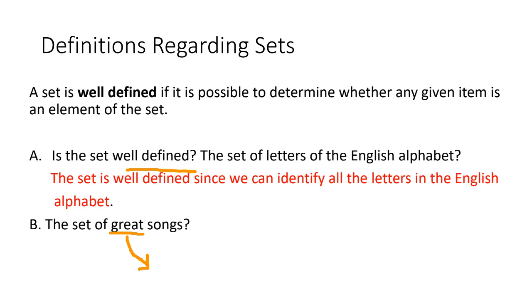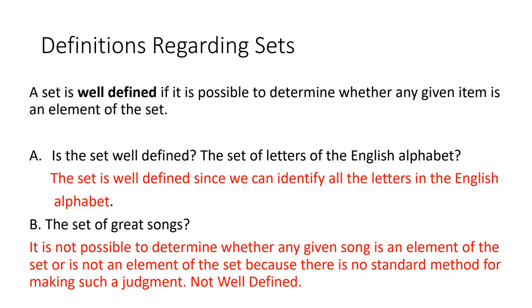We all have a different opinion of what a great song is, so it's very hard to determine what those songs would be. Therefore, it's not going to be possible to identify them. So we say that the set is not a well-defined set, because there's no standard to make such a judgment, because we all have different definitions of what great means. So that is an example of well-defined.